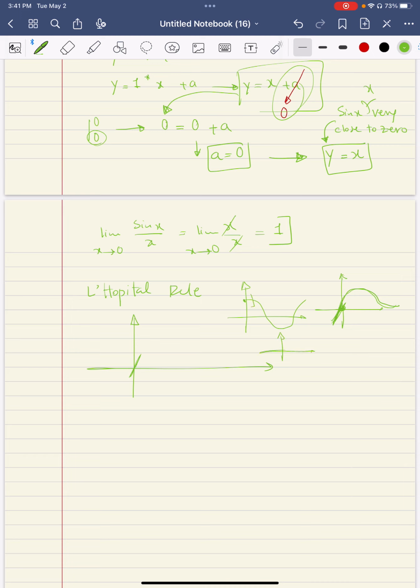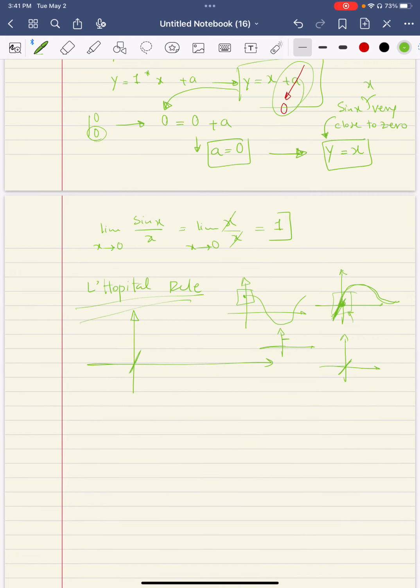So if I zoom into here, this would be the line for cosine, right? If I zoom in here, this would be what I can get, right? So the L'Hopital rule is saying that if you zoom into that exact point, you will get to a line. Doesn't matter how complex your equation is. You will get to a line exactly at that point and at the adjacent points.